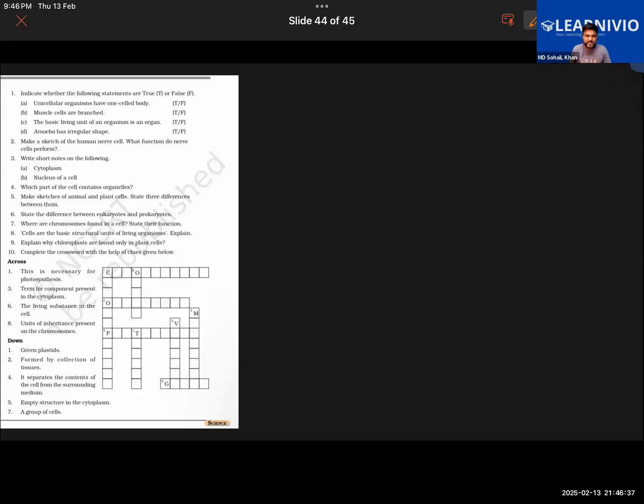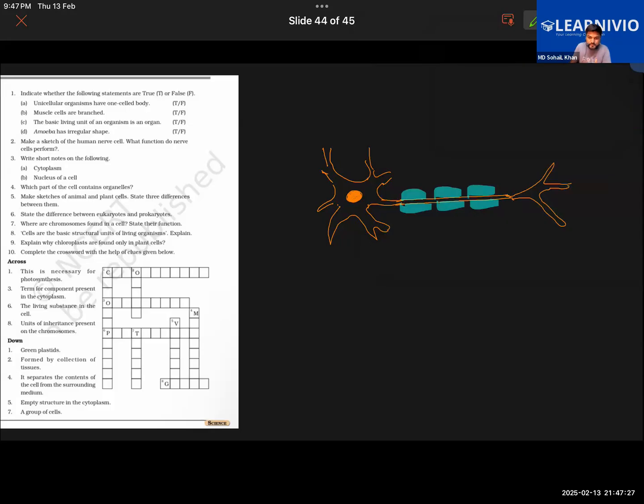Nonetheless, if a question like this comes, I will give you a small intro to this. This is the nucleus.